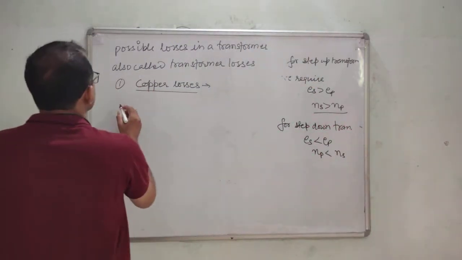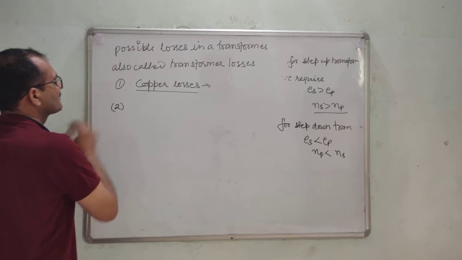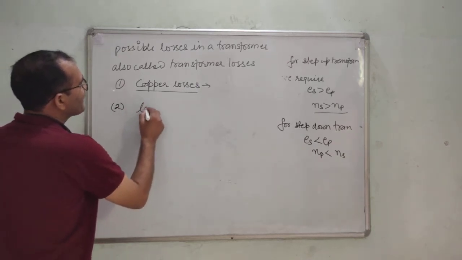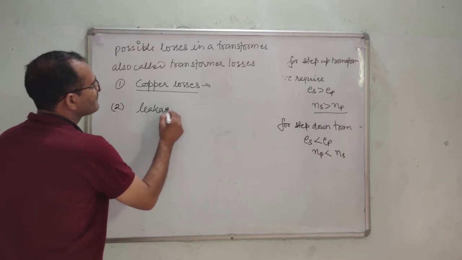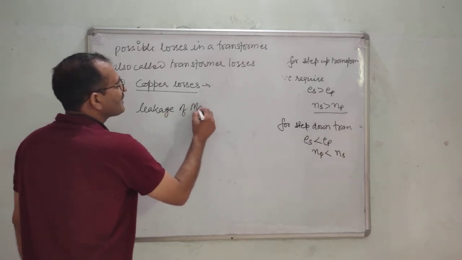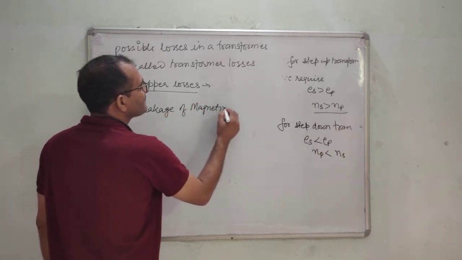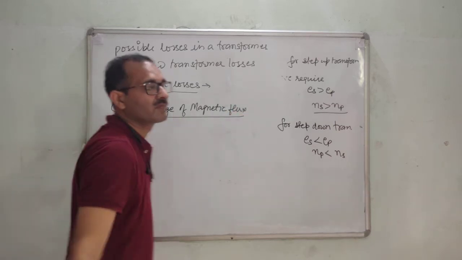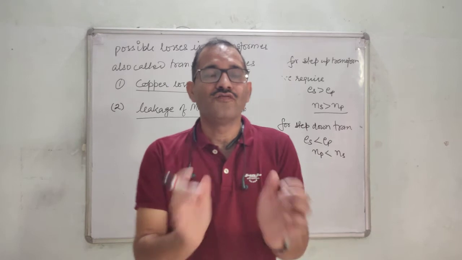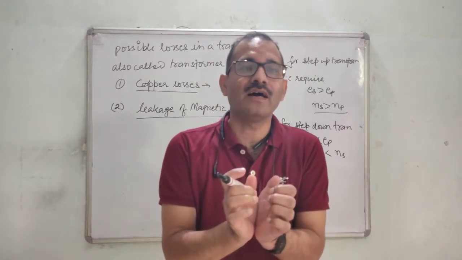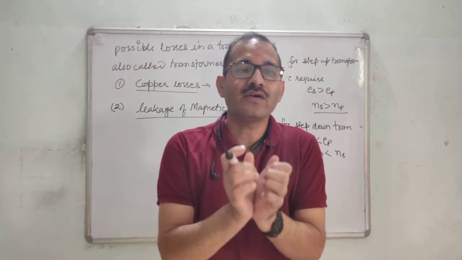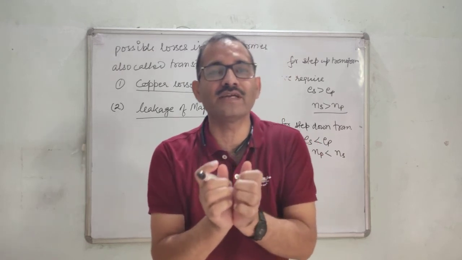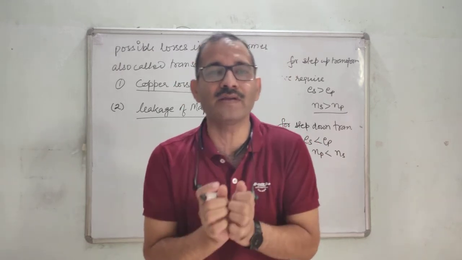The second one is leakage of magnetic flux. We have assumed that the rate of change of magnetic flux with the secondary coil is the same as the rate of change of magnetic flux with the primary coil.